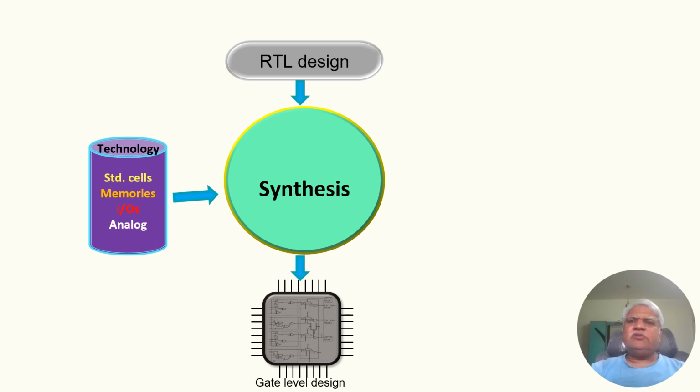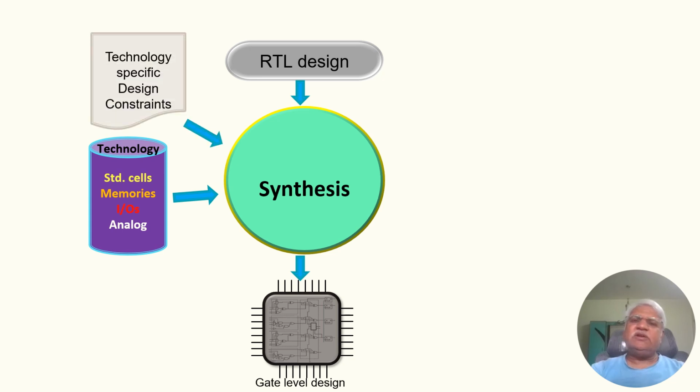And coming to the standard cells, since they are millions, they will be grouped as per the technology specific design constraints. In the design constraints, the chip level information is provided. So here they will be providing what the IO pins are, where they are located, and how IO pins are positioned with respect to the design.